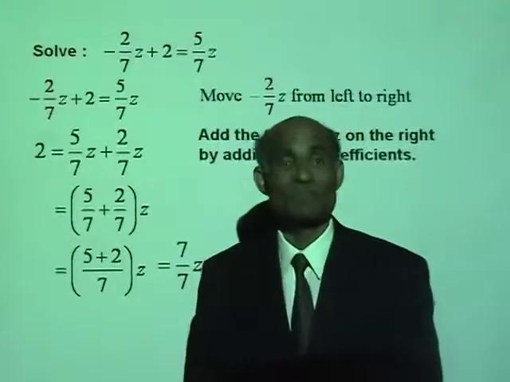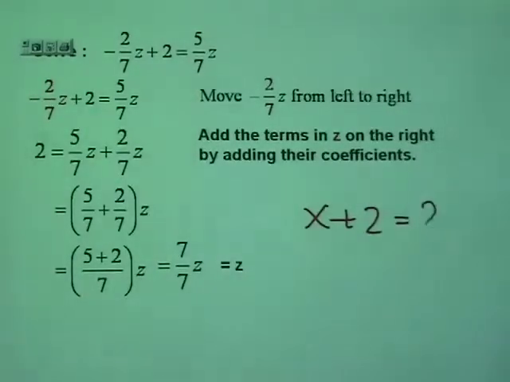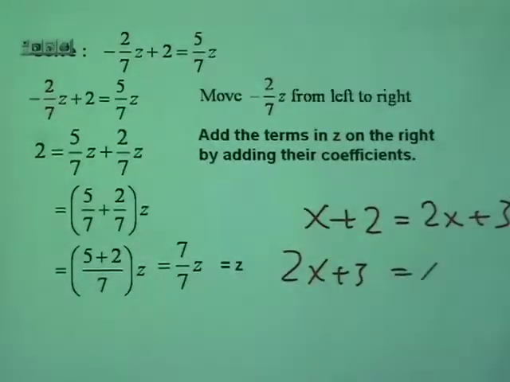Is that right? Now you must understand that very many times, suppose you say x plus 2 equal to 2x plus 3, and we call this the right side and this the left side. But remember, I can change that and write it like this: 2x plus 3 equal to x plus 2.